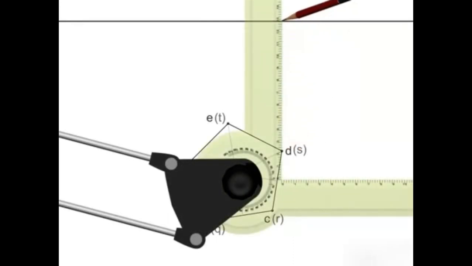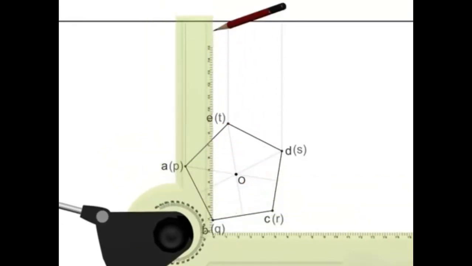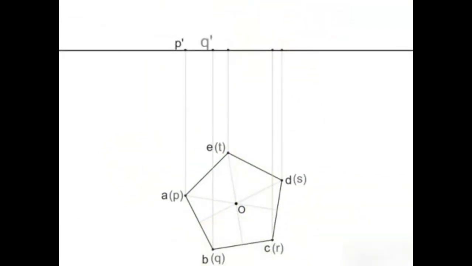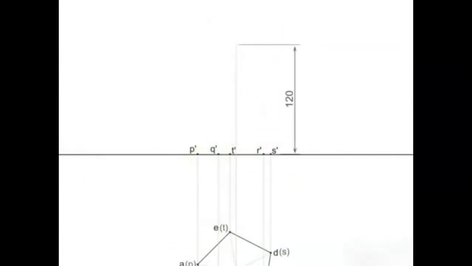From the endpoints of the pentagon, generate vertical projectors. Their intersection points with line XY form the base of the prism. Now, extend projector from the center O long enough to be able to represent 120 mm height of the prism.